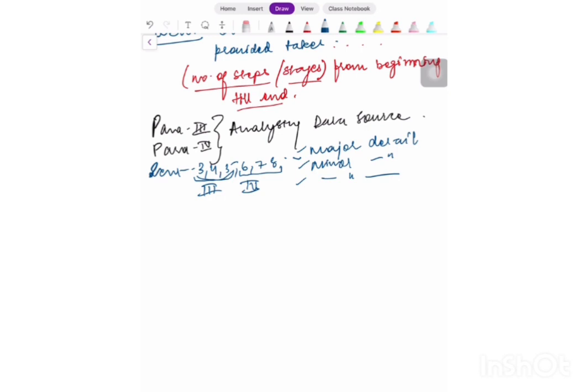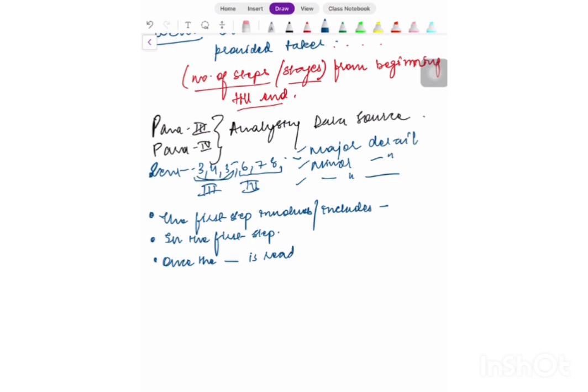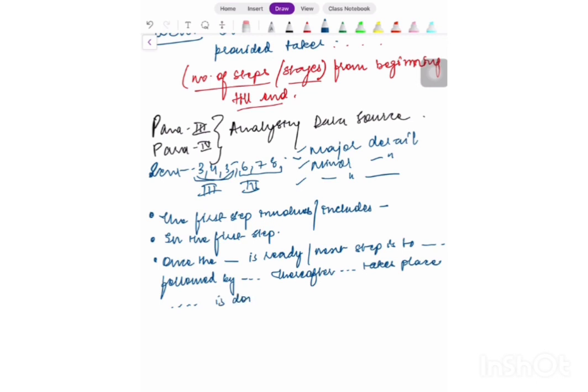What are those lines? The first step involves and includes; these are the band 9 lines and sentences that are given. So your structure will become clear. And when you have this universal structure given, all you have to do is write about the exact question details, whatever process is described in the question itself. In the first step, once the dash is ready, the next step is to, followed by, thereafter, takes place and dash is done.